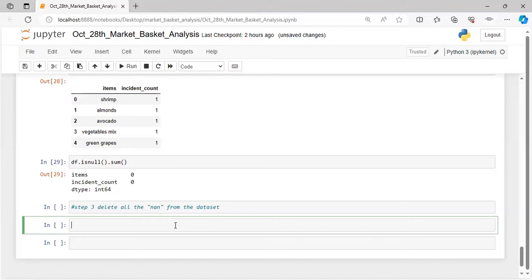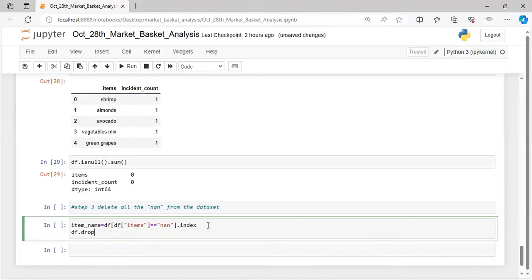So the item name is equal to df of items, df of items equal to none, dot index, then df.drop item name, comma, inplace equal to True.